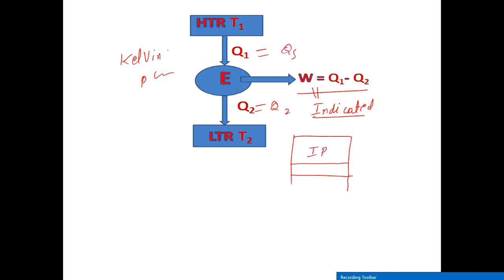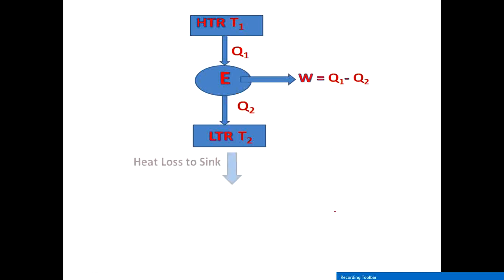You are supplying the heat energy QS, and it is developing work QW, and the remaining gets lost to the air, water, radiation, unaccounted. All these are accommodated as the heat rejection, and then it does some amount of work, that is BP, brake power.